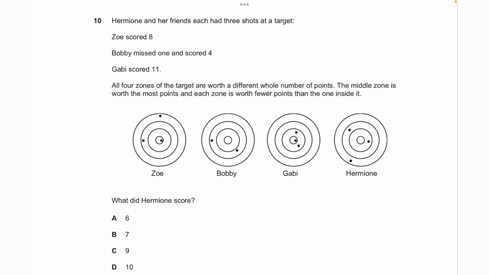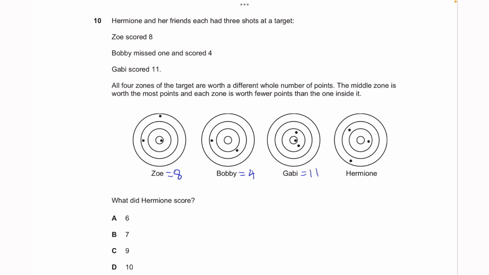And what we know is that Zoe scored an 8, Bobby missed 1 and scored 4, Gabby scored an 11, and we're going to try and determine what Hermione scored based on what's been here. Now we can see here that this has the most points, and the numbers get less as it goes further beyond. And so if we have a look here, it's a matter of just trialing out different number combinations.